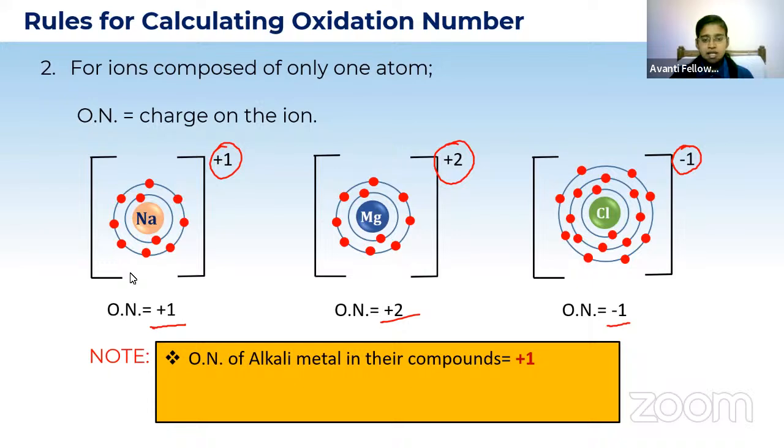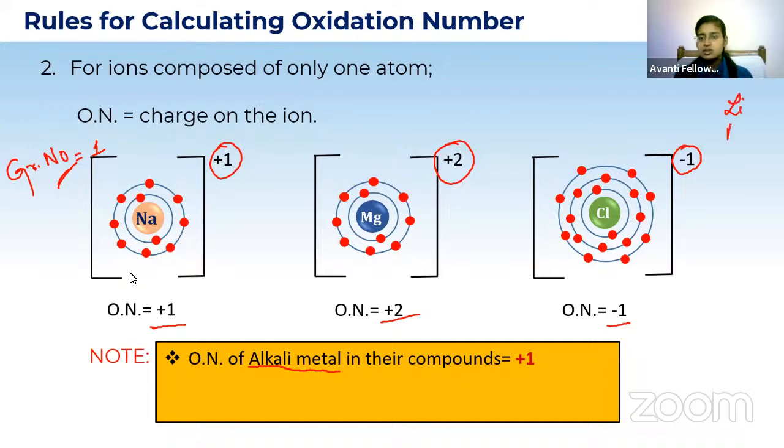Who are alkali metals? Sodium is an alkali metal, and the group number for alkali metals is 1. Right? So all the group 1 elements will have the oxidation number as +1. So who are the group 1 elements?